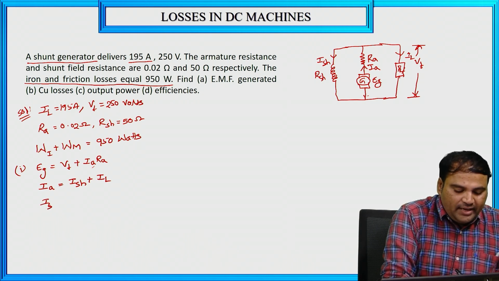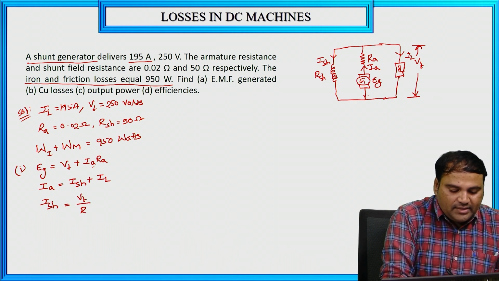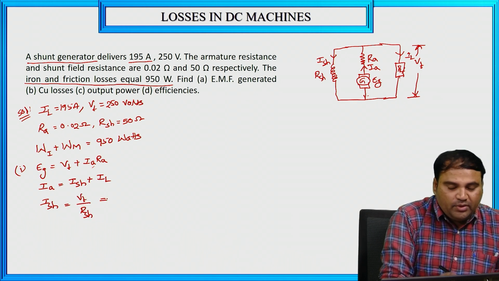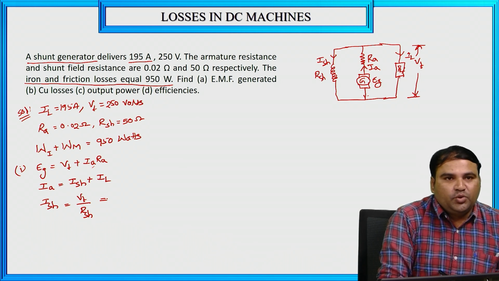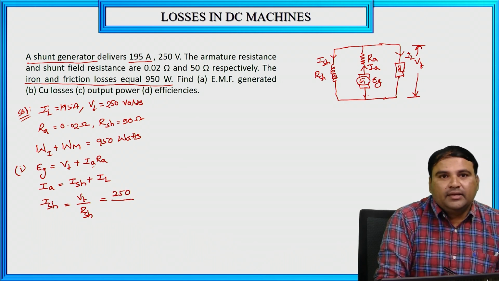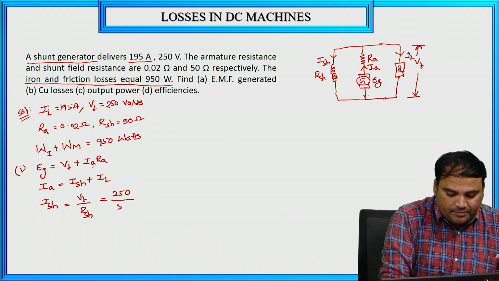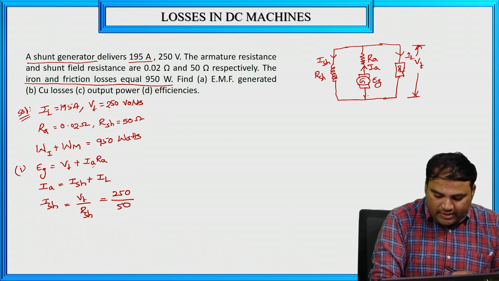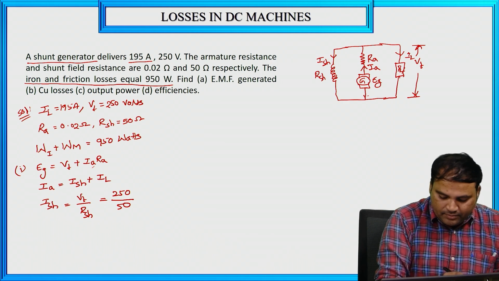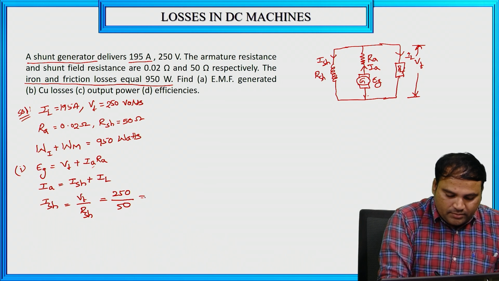So ISH equal to VT divided by RSH is the equation. What is VT? 250 divided by RSH. RSH is nothing but 50. So here we'll get 5 amperes.